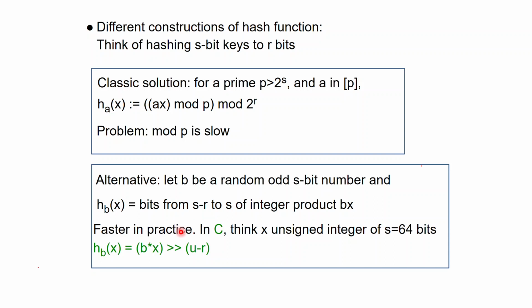For example, in the programming language C, if you think of x as being an unsigned integer of 64 bits, then the entire code for the computation of this hash function is b times x, and then you take a right shift by u minus r bits. This uses that some bits get truncated when you do this computation on 64 bit integers.